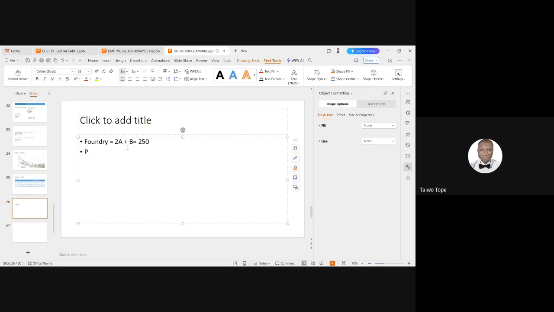The other line is painting: 4A plus 5B equals 720 hours. Those days in secondary school, when solving a simultaneous equation, they used to tell us there are about 3 approaches: the substitution method, the elimination method, and the almighty formula.